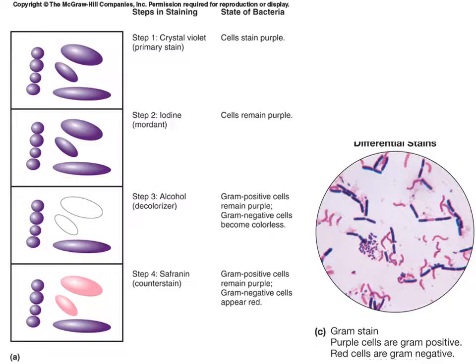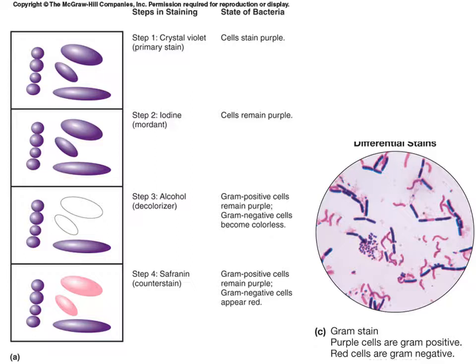In step 1, the bacterial smear is stained with the basic dye called crystal violet. This is the primary stain. This is followed by treatment with an iodine solution in step 2, and this iodine solution functions as a mordant. The iodine increases the interaction between the cell and the dye so that the cell is stained more strongly.